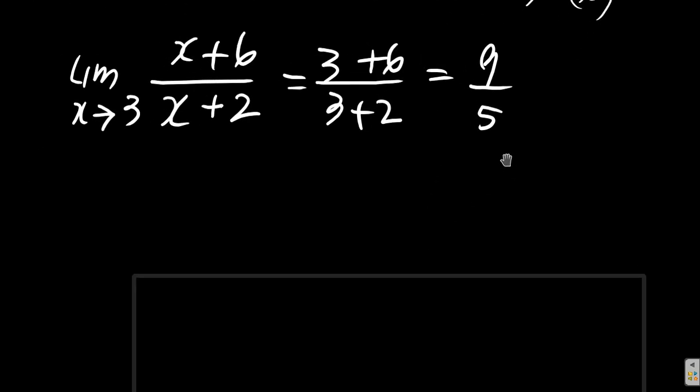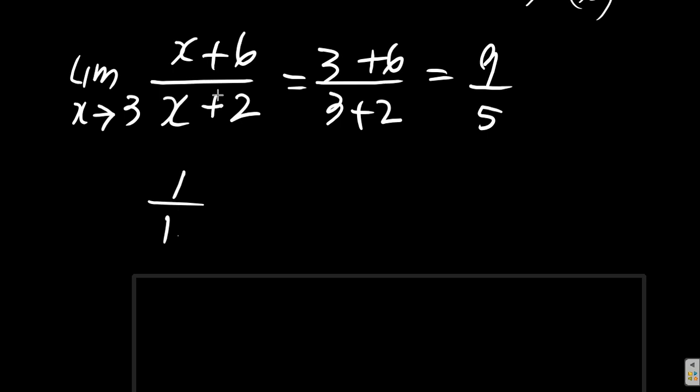So you would not need to use L'Hopital's rule on this, but suppose you use it. Then, when you differentiate x plus 6, what you get is 1 divided by, when you differentiate x plus 2, you get 1.